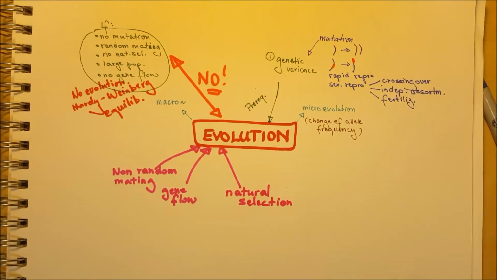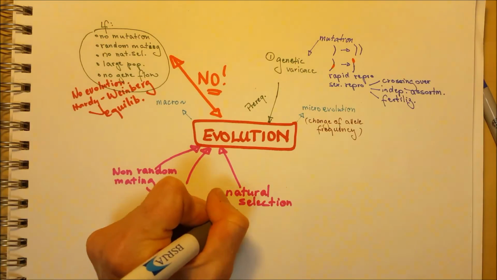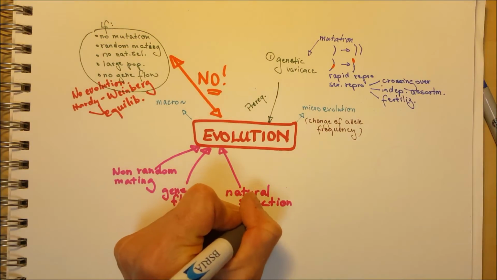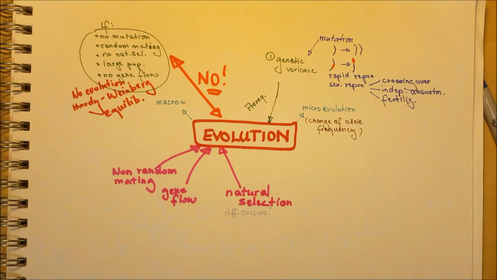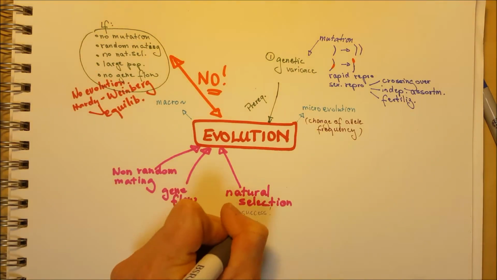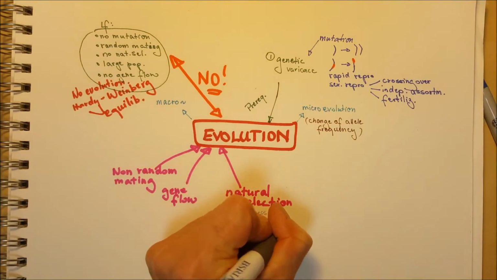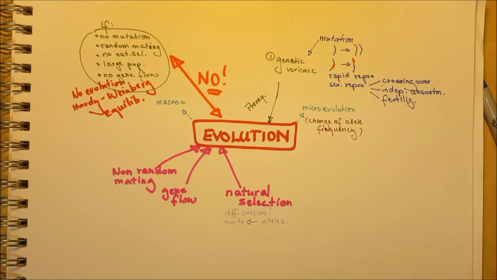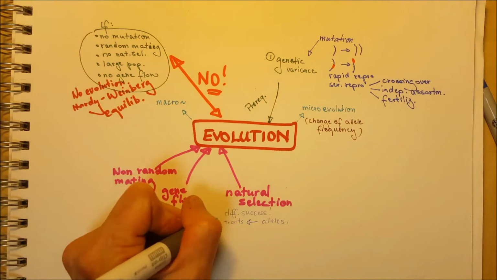Different success happens due to different traits in a population, and the traits are due to different alleles and mutation in the alleles.